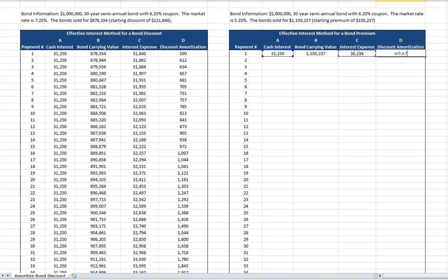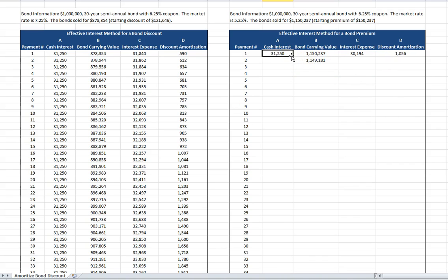Again, you don't need to remember the formulas. You can write the formulas down or use your notes. Either way, this will be an open note exercise, so just worry about the Excel skills and practice it once or twice. Alright, then the new carrying value, we're going to take the prior carrying value, and we're going to subtract the discount amortization.